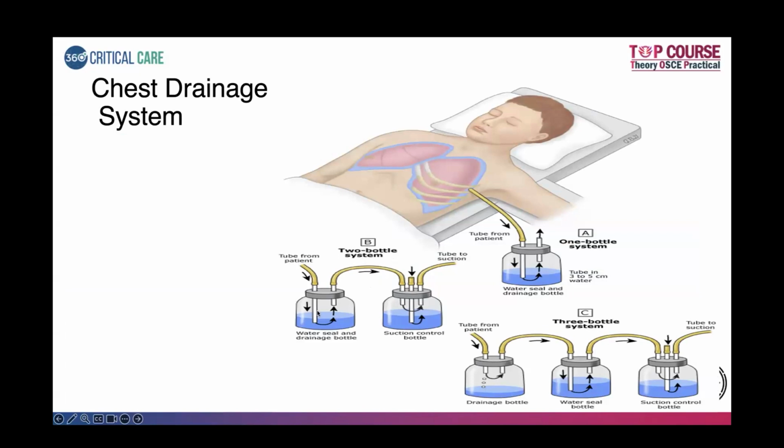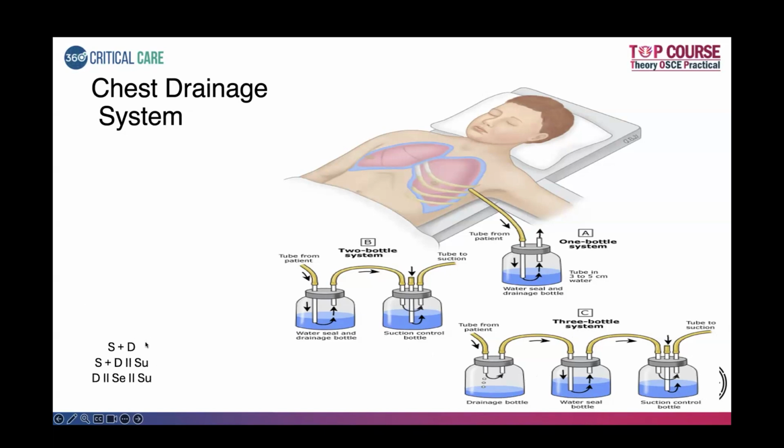In the 2 bottle system, one bottle is dedicated to the water seal and drainage, similar to the 1 bottle system, and the second bottle is specifically dedicated to suction control. In a 3 bottle system, each bottle is dedicated to a separate function: one for drainage, one for water seal, and one for suction control.